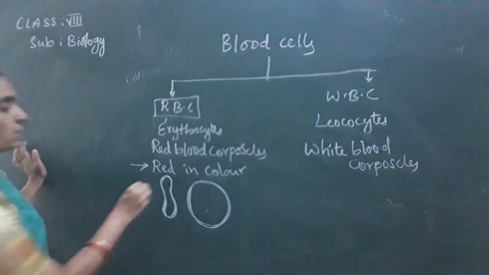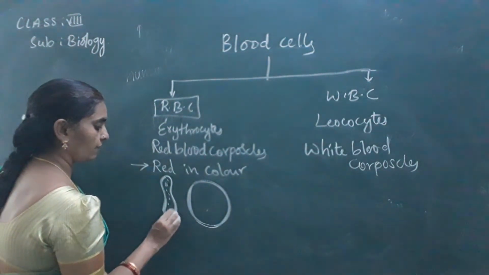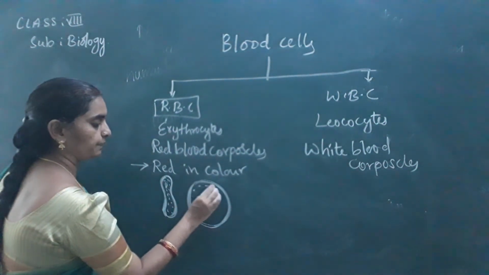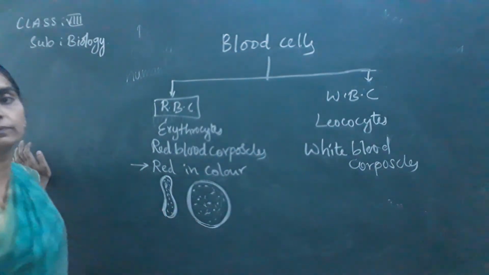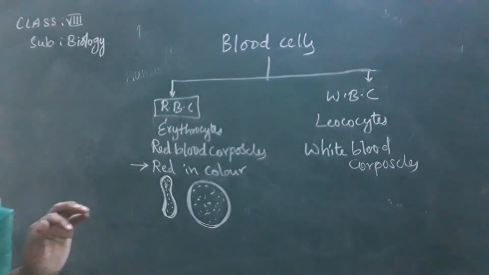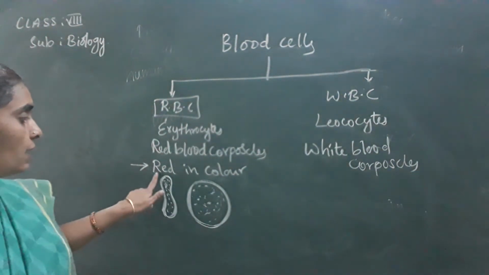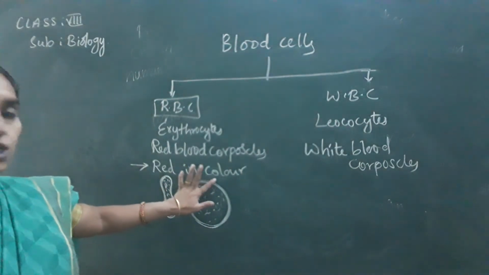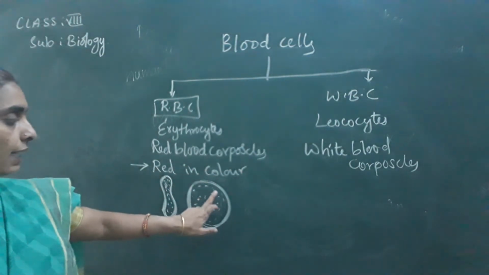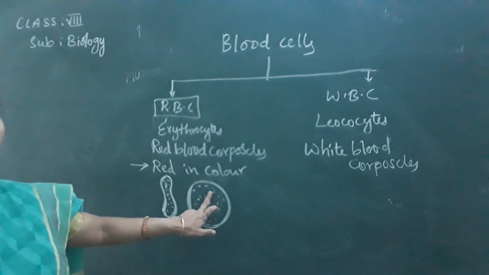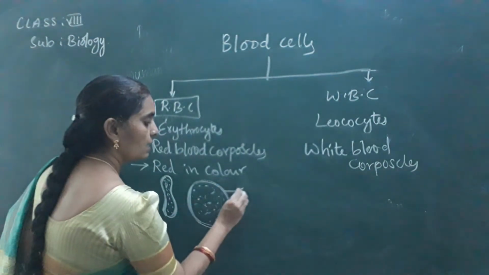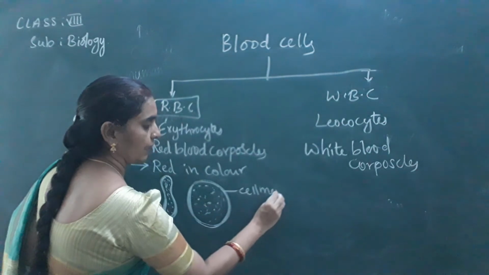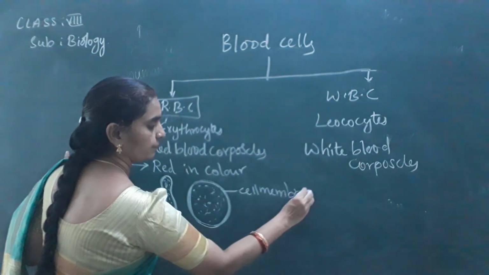Okay children, this is the structure of the RBC cells. If you observe, the shape is round and they contain cytoplasm and a cell membrane. The parts are cell membrane and cytoplasm.